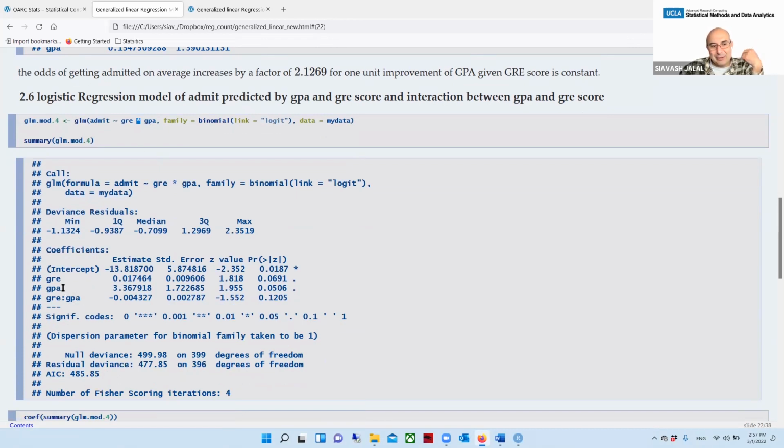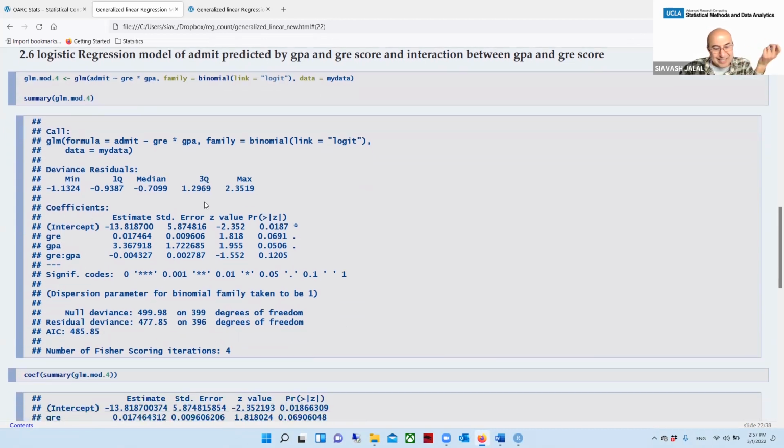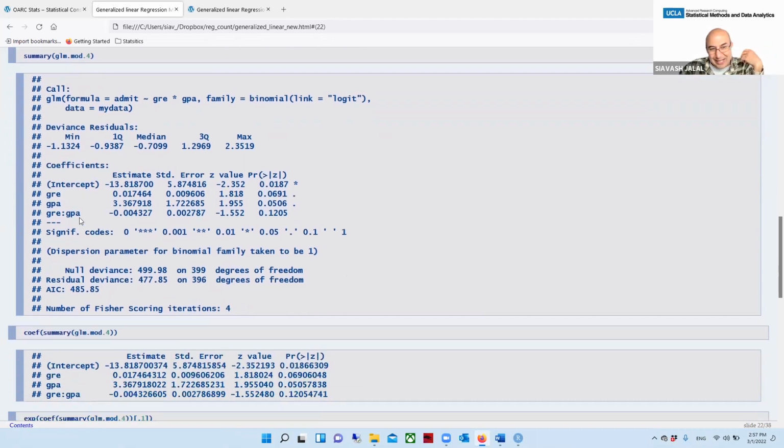The main effects of those variables and the interaction will be there in the model form. Let's see the family binomial, and this is my model 4. Now I run this model, and the interaction is not much, but it's something. So you want to see how you can interpret that.